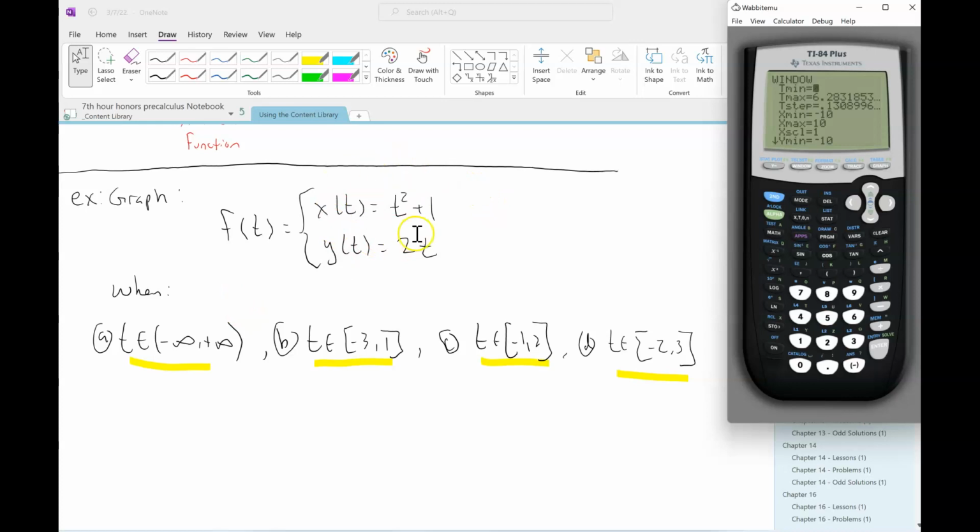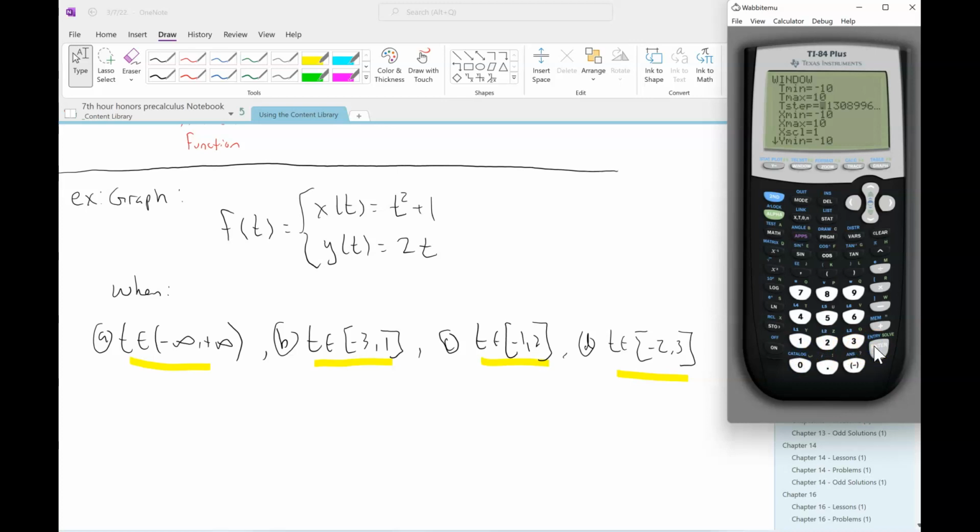All I really need to do is be able to fill the screen. Since my X is only going over to -10 to the left and +10 to the right, and my X coordinate is t² + 1, it feels pretty safe to just do -10 to +10. It will fill the whole screen for me.